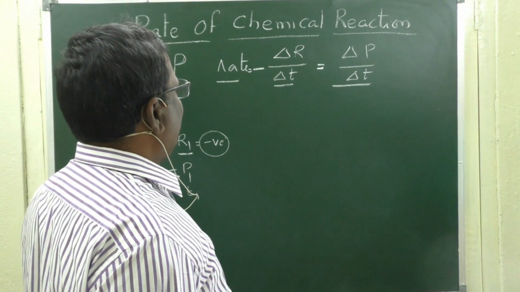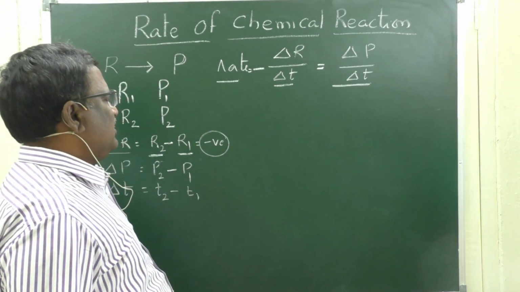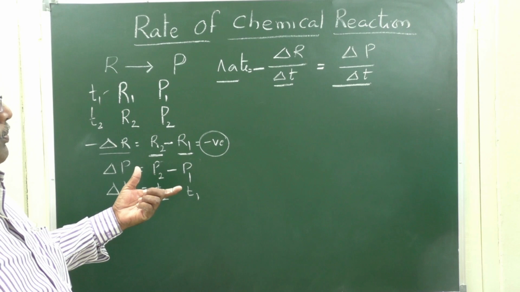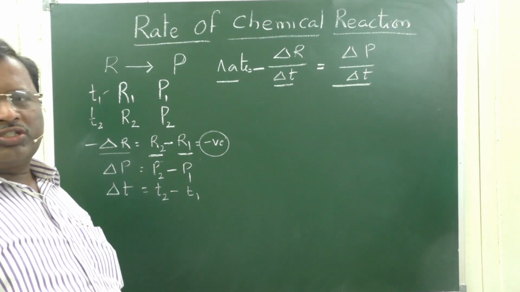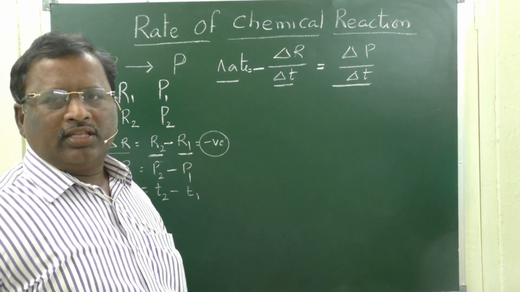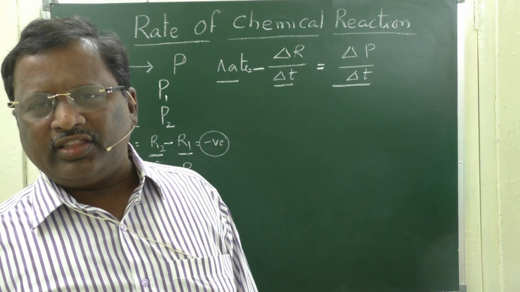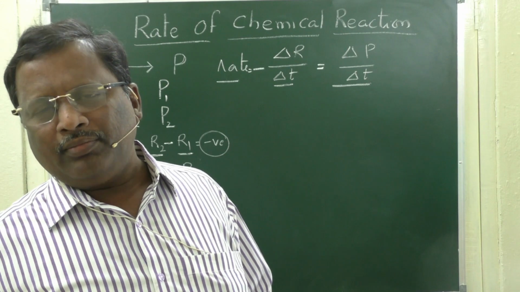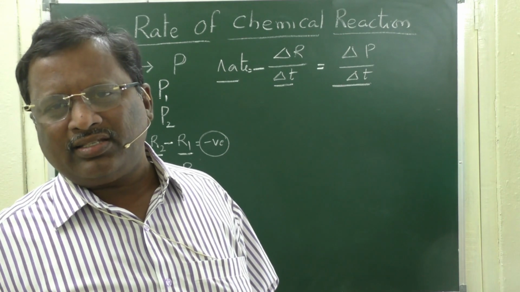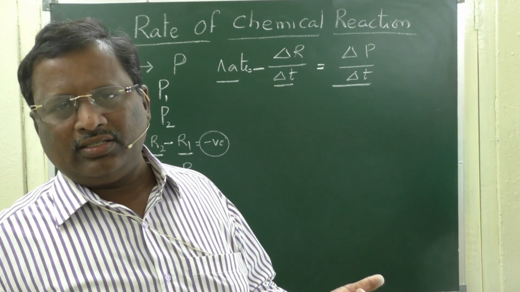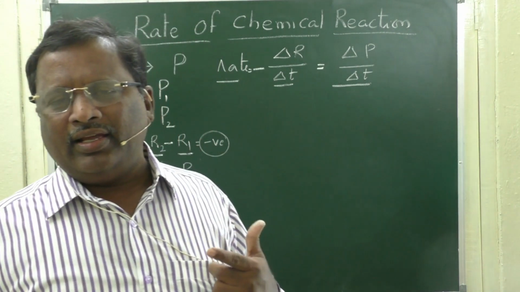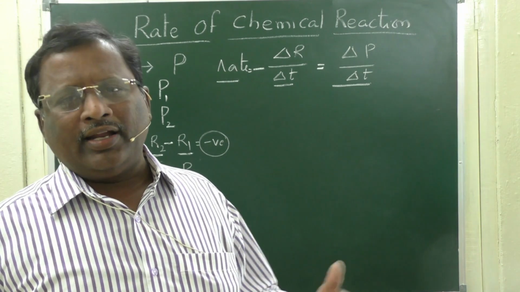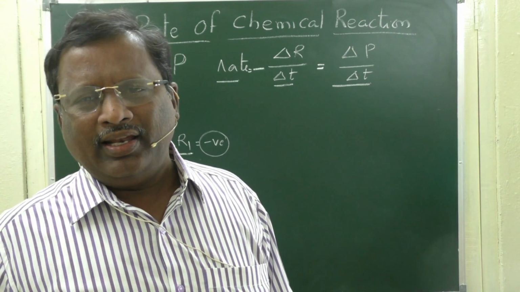Let us see how to express the rate of the reaction mathematically, because in most chemical reactions the concentrations change with time. The unit of time may be seconds, minutes or hours, whatever. Based on the experimental conditions we will take unit time and concentration in moles per liter.